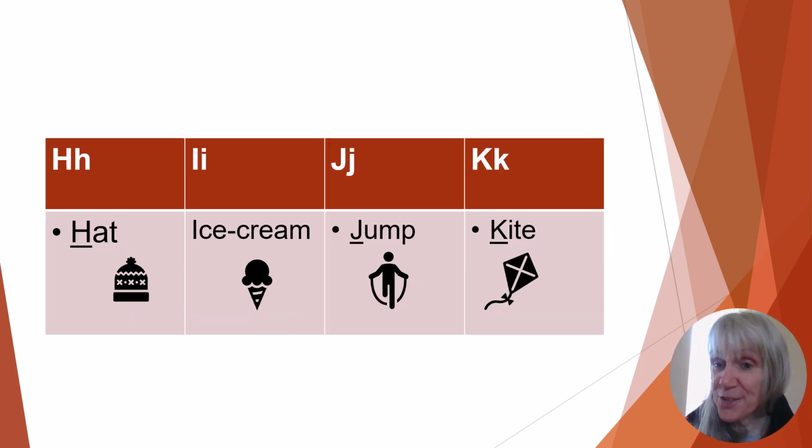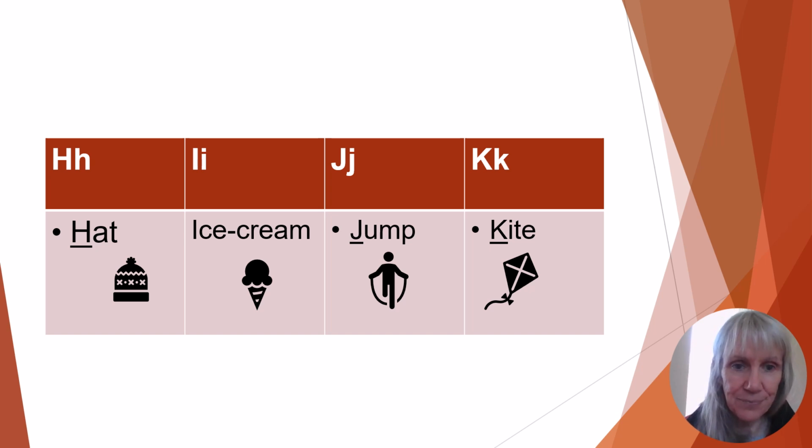So far we've had A, B, C, D, E, F, G. Now we're on H, I, J, K. So we'll start with the H. You see the uppercase and the lowercase, and then we can have that sound in that letter seen in the word hat.